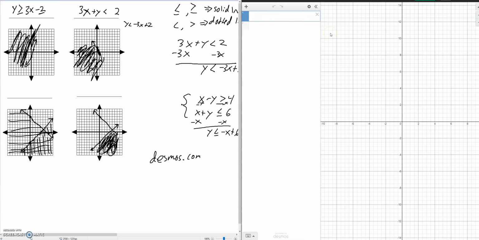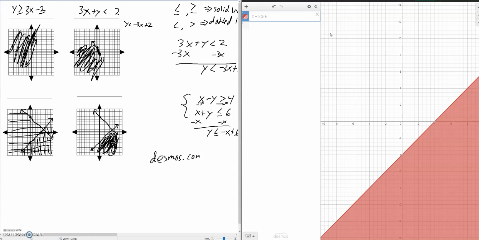So for this one here, we had x minus y is greater than or equal to 4. To do greater than or equal to, you'll do the greater than sign on your keyboard, then you press the equal sign after that. You'll note that after I press the equal sign, it put that little bar underneath there.